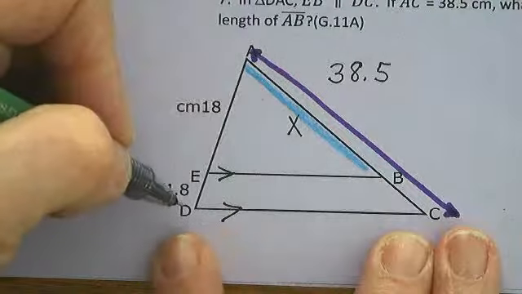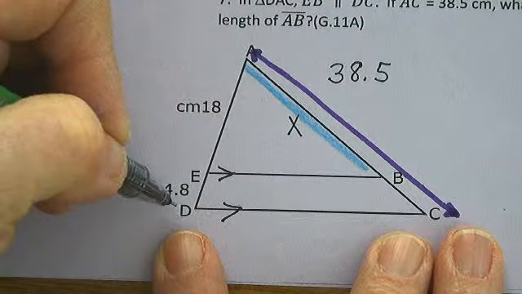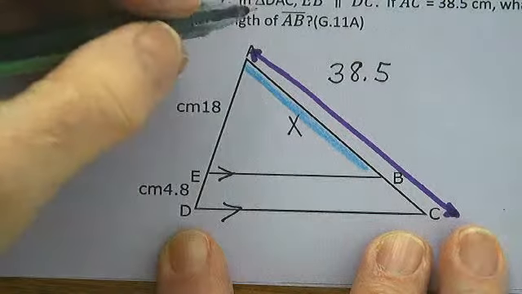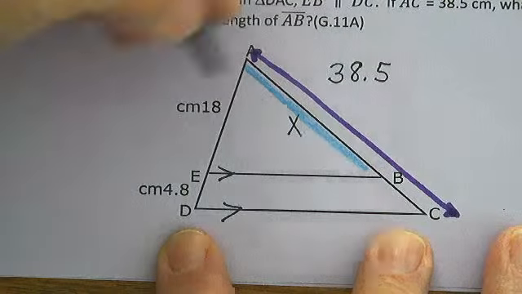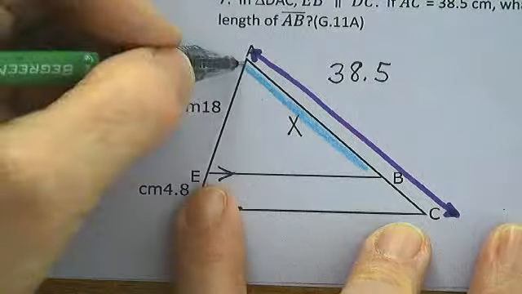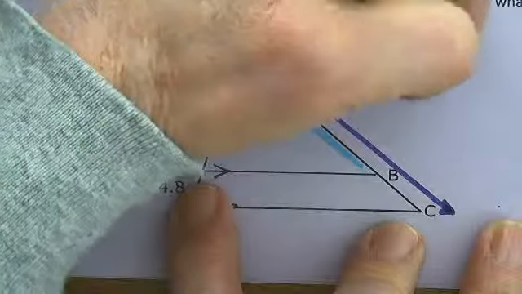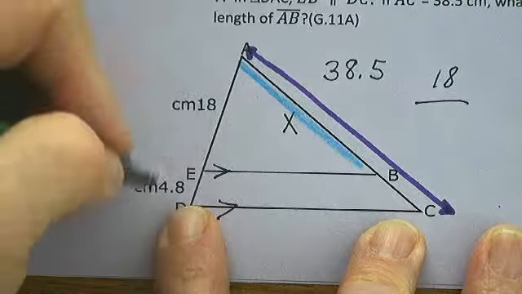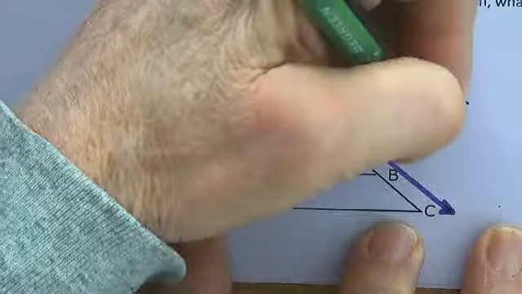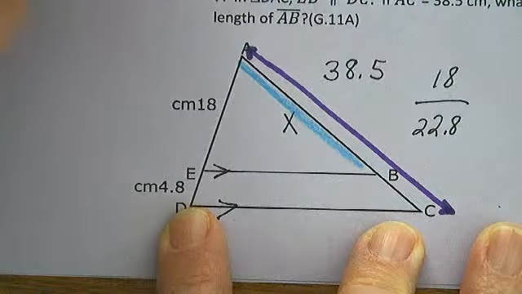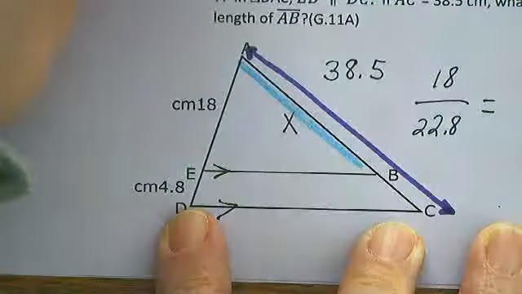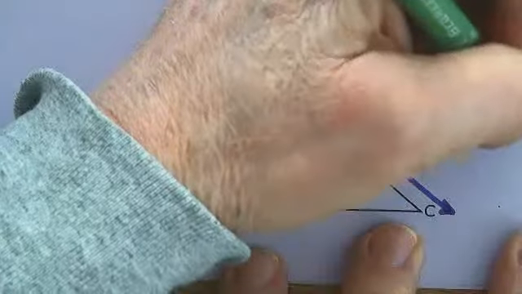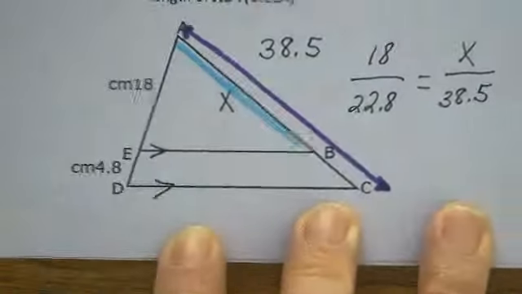Well, I know that I have similar triangles, so I can set up a proportion. I am going to say that 18 is to 22.8 as X is to 38.5.